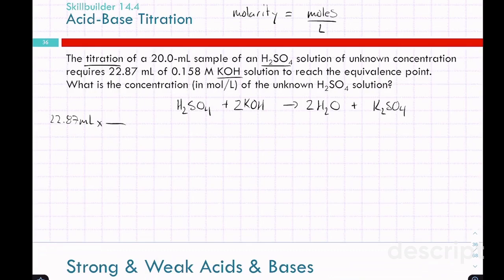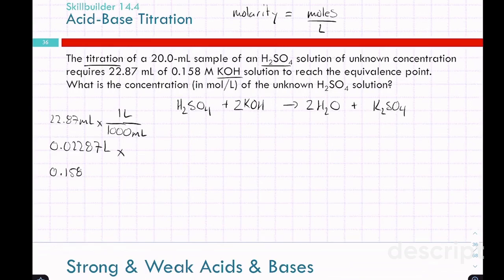I was surprised I didn't see that one on the exam. So then milliliters to liters, 1,000 milliliters is 1 liter. So that's going to be 0.02287 liters. And then our molarity is 0.158.